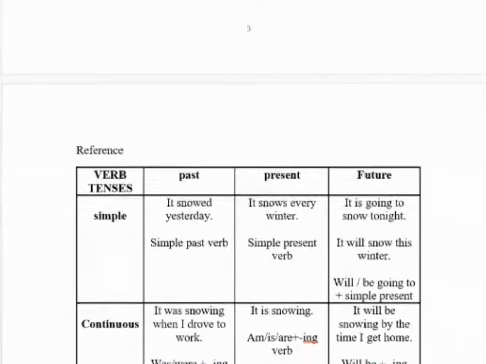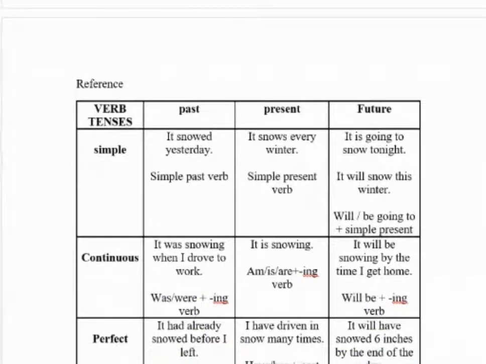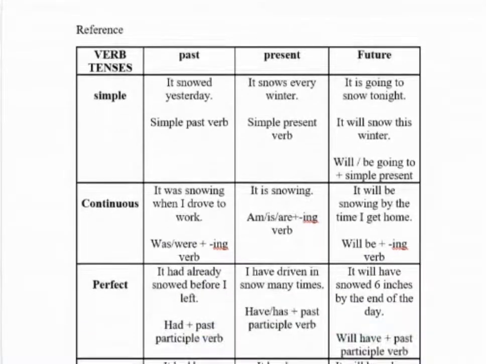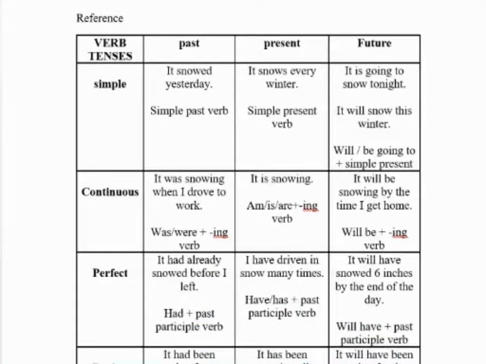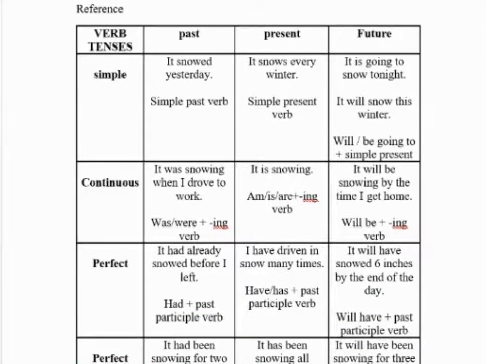Now let's go to the rules. In this diagram, we have the rule of every tense. So the simple tense. In the past, the simple past, we have the example: it snowed yesterday.